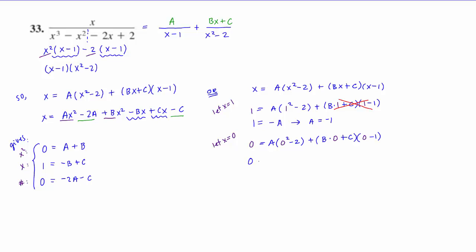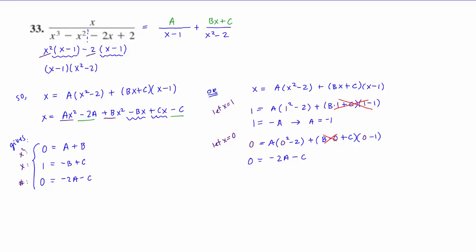That gives that 0 equals negative 2a minus c from the right hand side. B times 0 is 0. 0 minus 1 is a negative 1. Negative 1 times c is negative c.